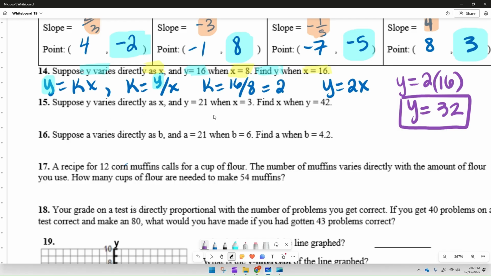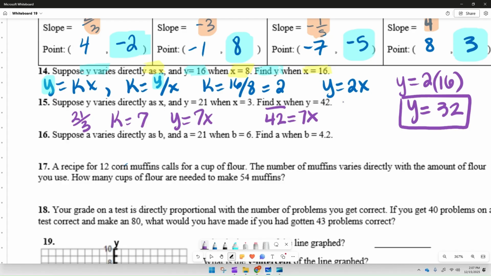So looking at 15, that's going to be 21 divided by 3. So k is going to be equal to 7. So our equation is going to be y equals 7x. We're looking for x now, and we're given the y. So 42 is going to be equal to 7x. Then we have to solve for x.